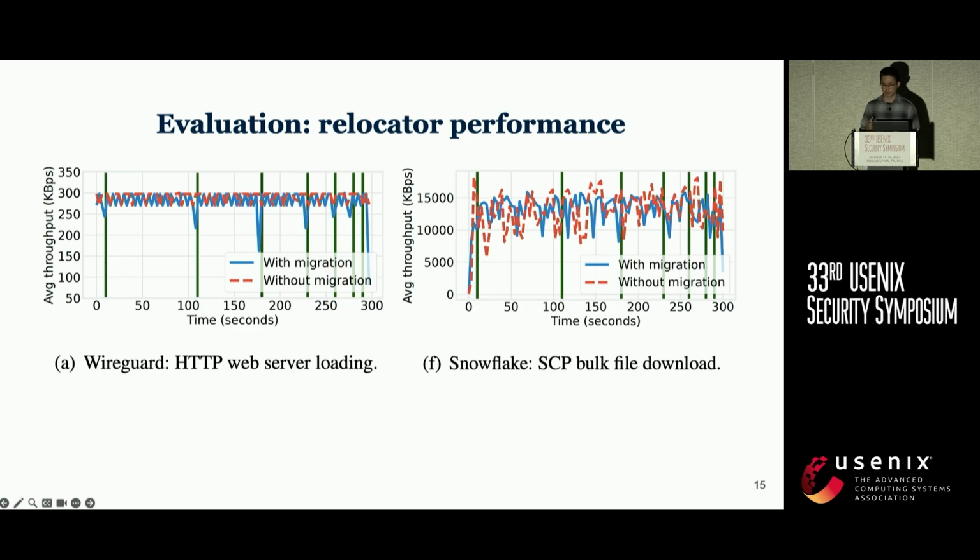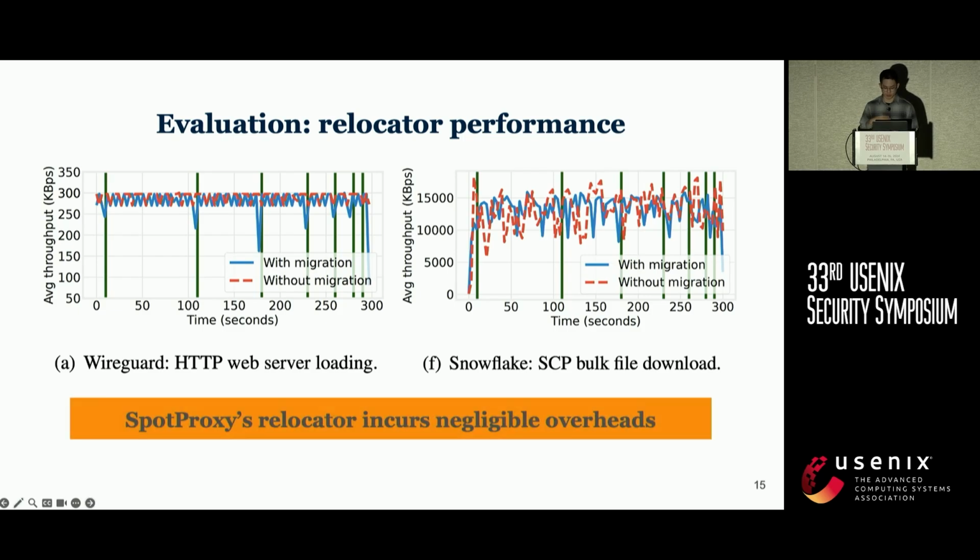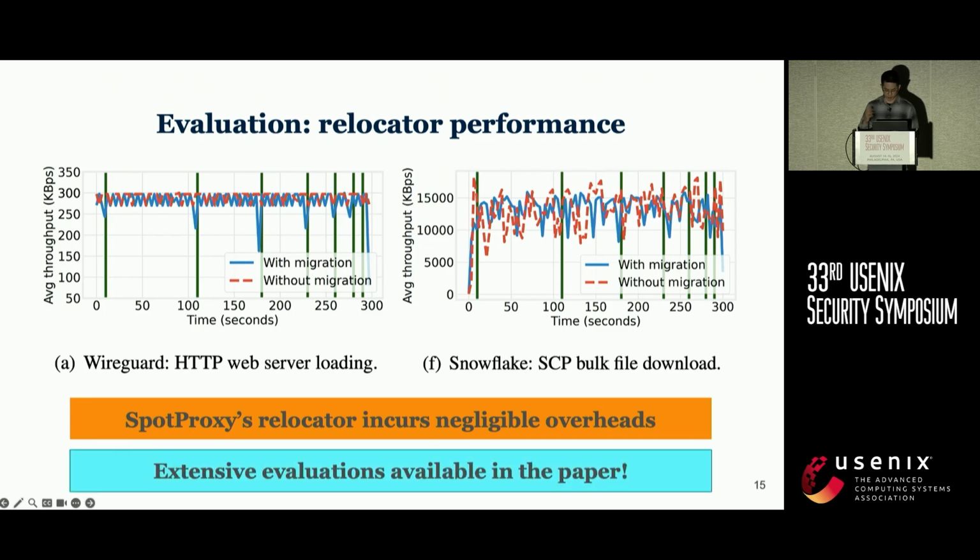We tested both of our implementations, and as you can see, in the case with the orange dashed lines without migration, which is our baseline, and comparing this to our relocator, where you have migrations with the blue solid lines, active migration only incurs sub-second overhead, and overall, this means there's negligible overhead for migration. So you can refer to our paper for more evaluations.